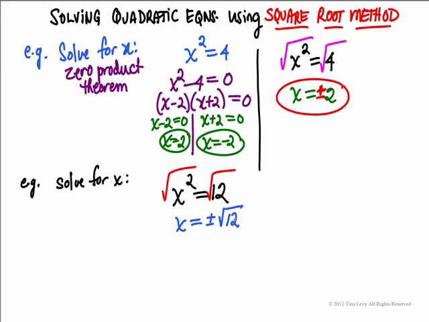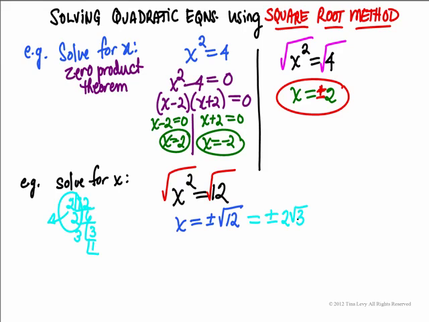Now this starts becoming a little bit more complicated, because now what I have to do is simplify square root of 12. And you will recall that with 12 we get the prime factors. 2 goes into 12 six times, 2 goes into 6 three times, 3 goes into 3 once. And remember, radical 12 is like jail. It takes a pair to jump out. So this becomes plus or minus 2 radical 3. So we get the two solutions for that.